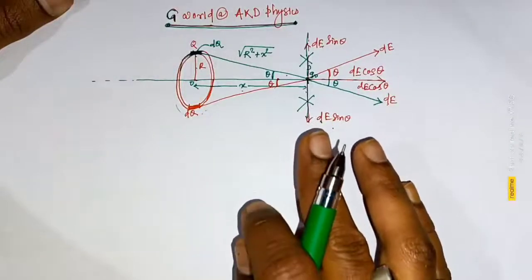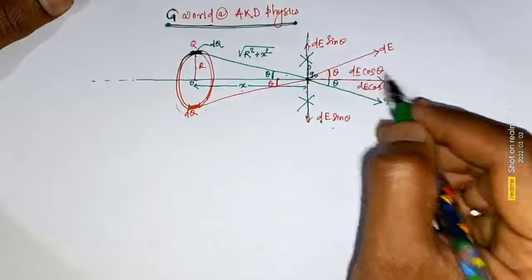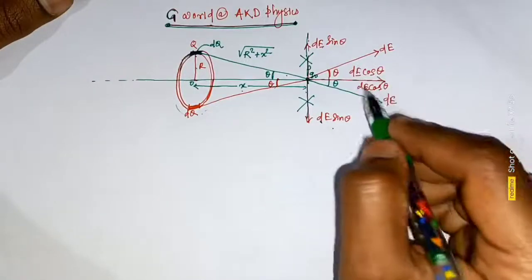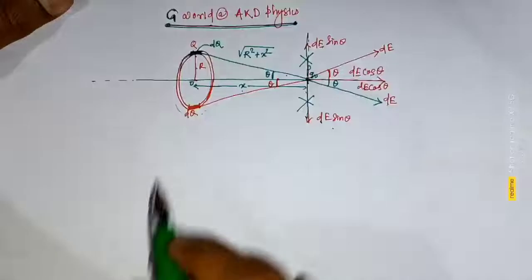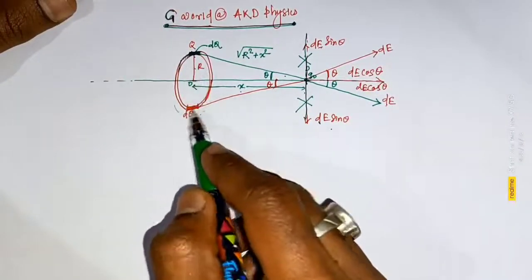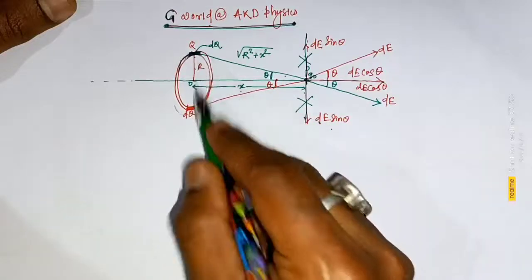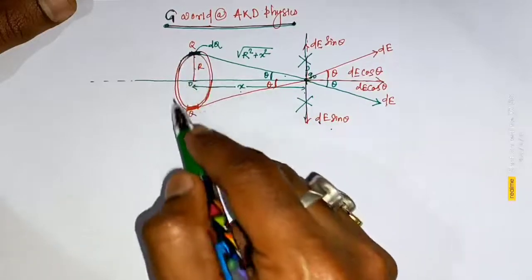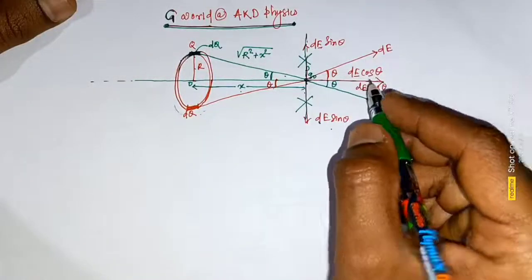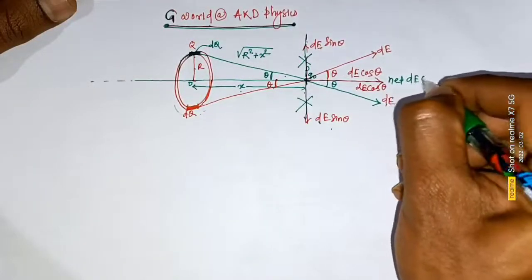The mistake students usually make is adding this dE cos theta and dE cos theta and writing 2 dE cos theta. No. This is an extended body, so it is not two individual things that we are treating. This is the same part of the body. So rather than adding, we will only write the net is dE cos theta.